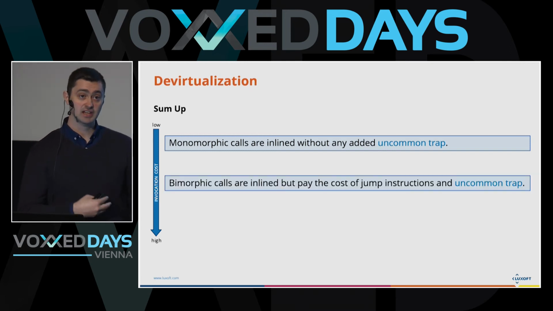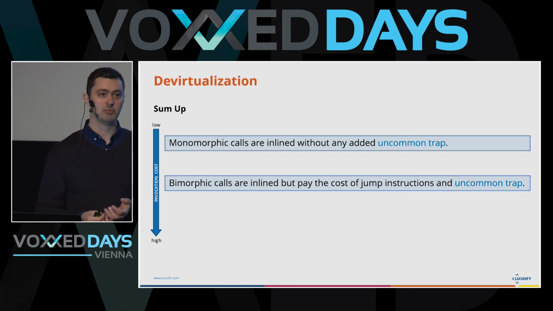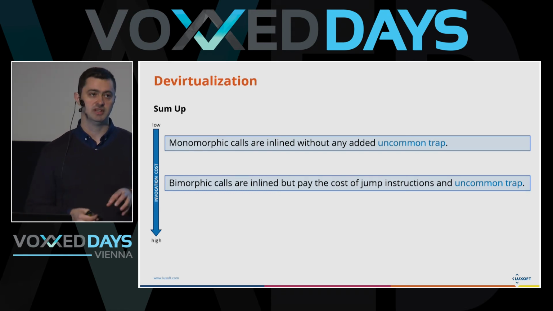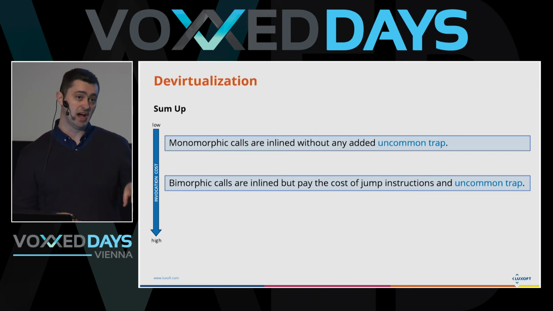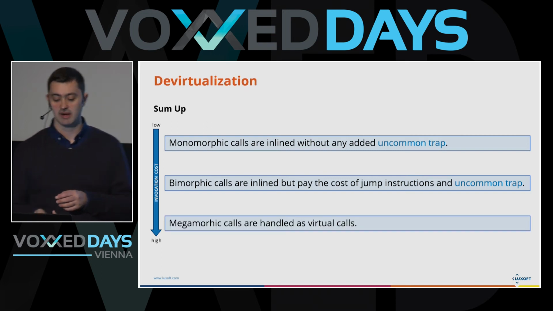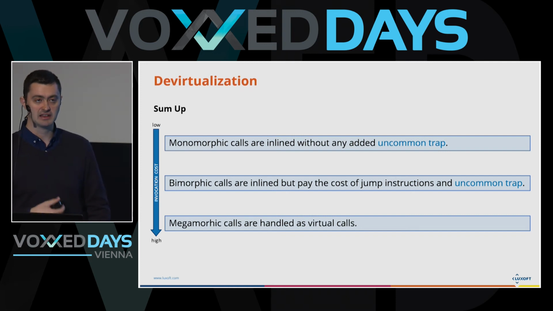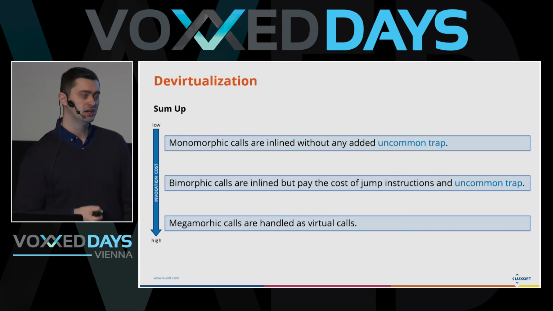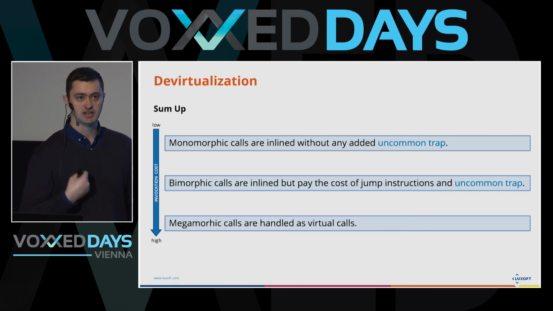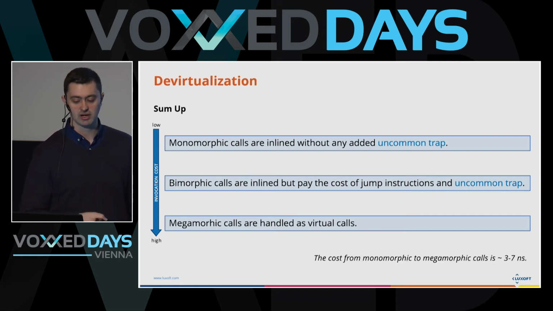Bimorphic calls are also inlined, as we saw, but an uncommon trap is added in the code. The just-in-time compiler adds a check: if the instance is neither ELG1 nor ELG2, I trigger the uncommon trap. And megamorphic calls are handled as virtual calls. The just-in-time compiler doesn't do any optimization. It just triggers the virtual calls.